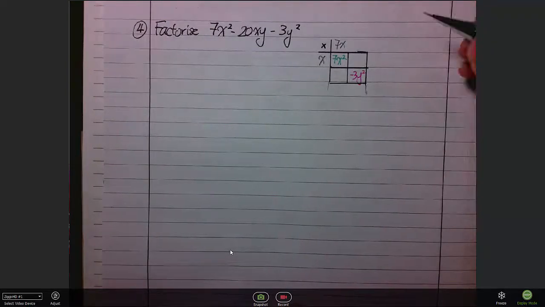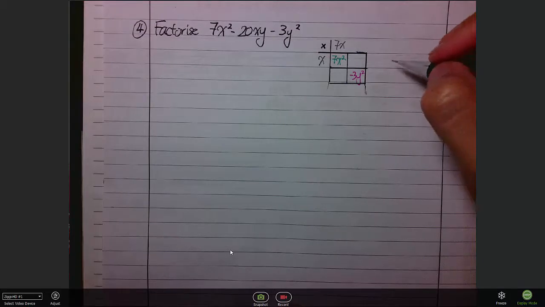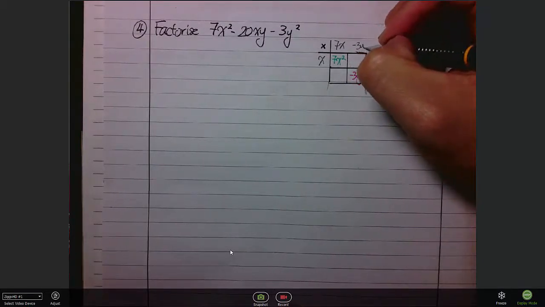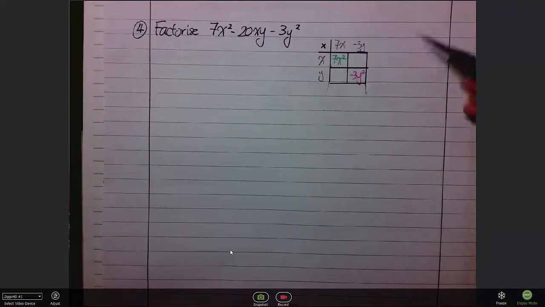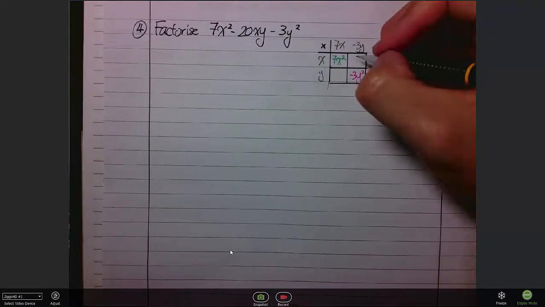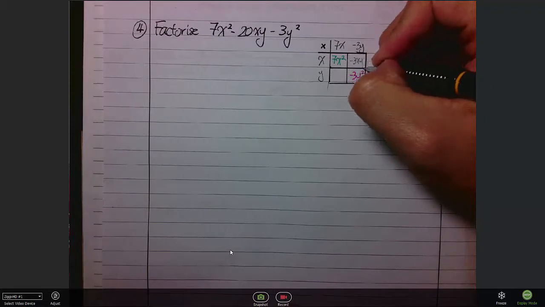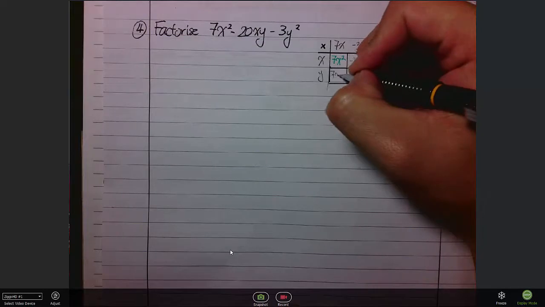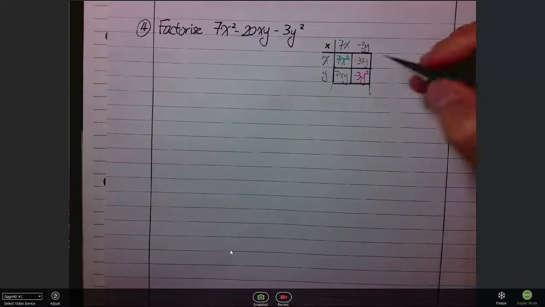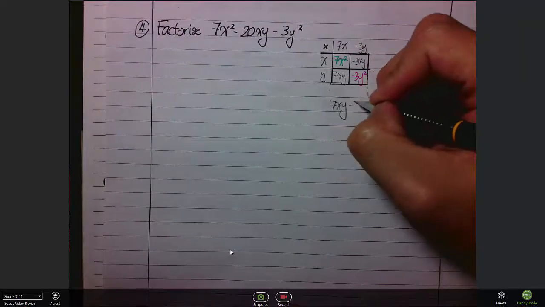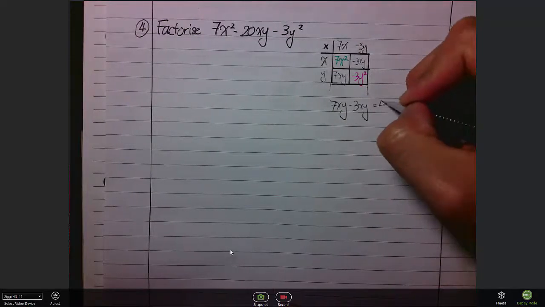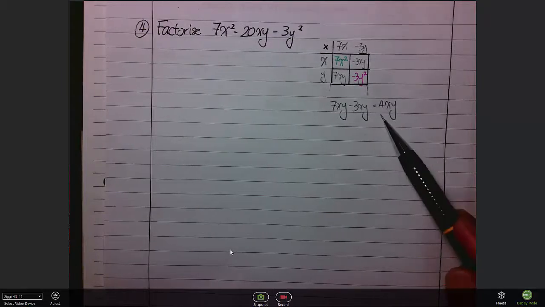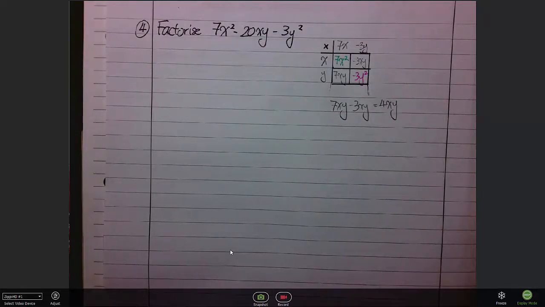Then negative 3y squared is written as negative 3y times y. We test it out. Negative 3xy, and 7 times y is 7xy. Here we have 7xy minus 3xy equals 4xy. This one is quite far off. The number is incorrect and the sign is also incorrect.